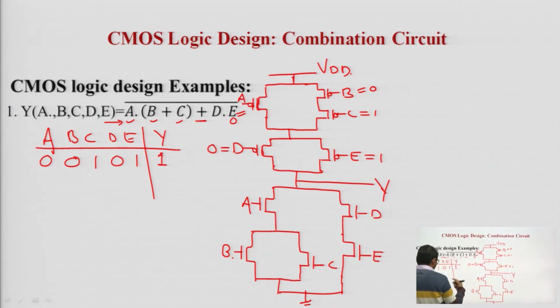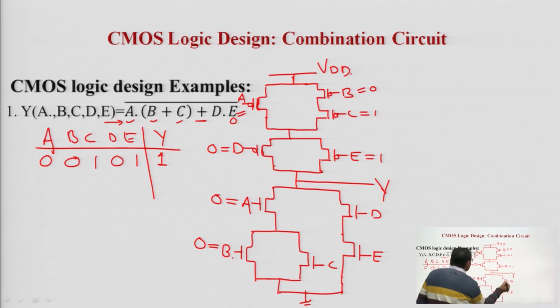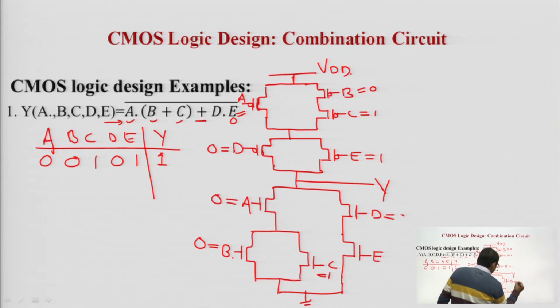It is similar in case of NMOS: A is 0, B is 0, C will be 1. Here put C as 1, D as 0 and E will be 1.